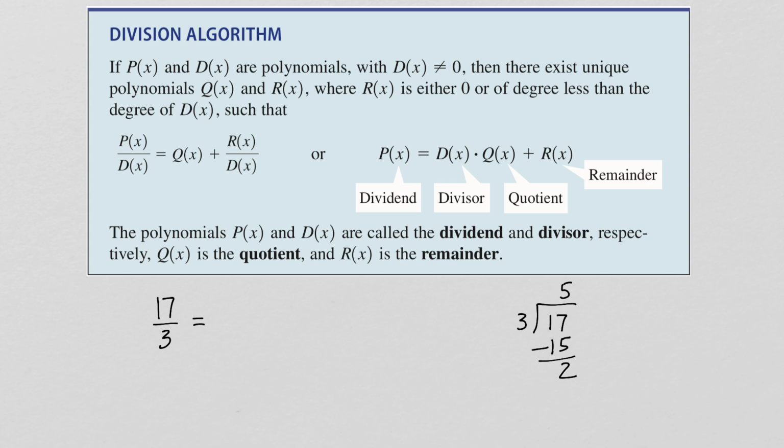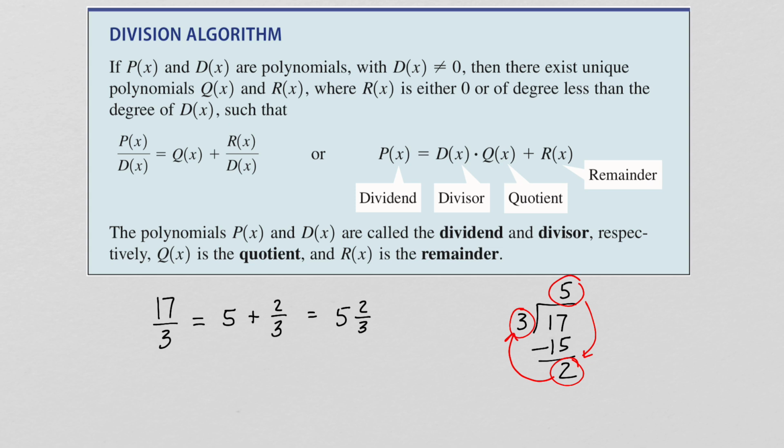So one way to write the answer when dividing 17 by 3 is I can start with the quotient, which in this case is 5, plus the remainder, which is the number 2, and that goes over the divisor, which is 3. So we could say 5 plus 2/3. Or in the case of numbers, we would simply write this 5 and 2/3.